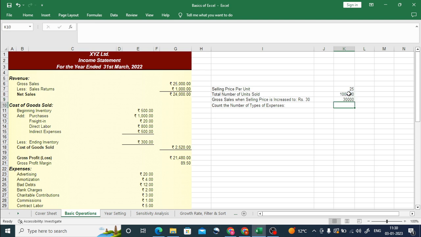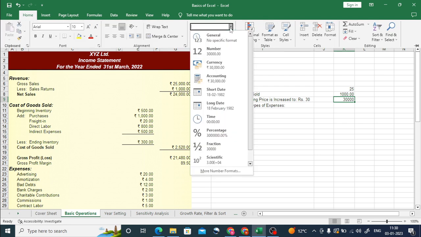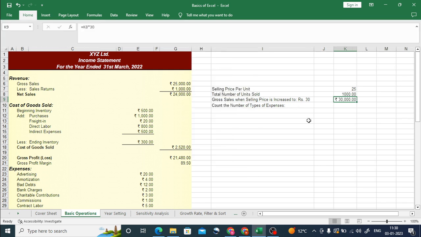Hit enter. We get 30,000. So 30,000 being our gross sales. And if you want to change it into currency, you can also do that. Go to home. Over here, select it in currency. So you can see that now it is showing 30,000 rupees.